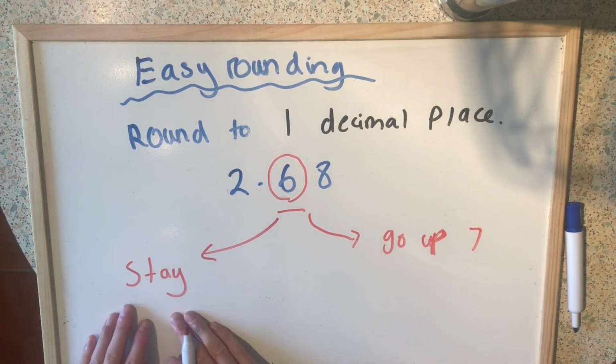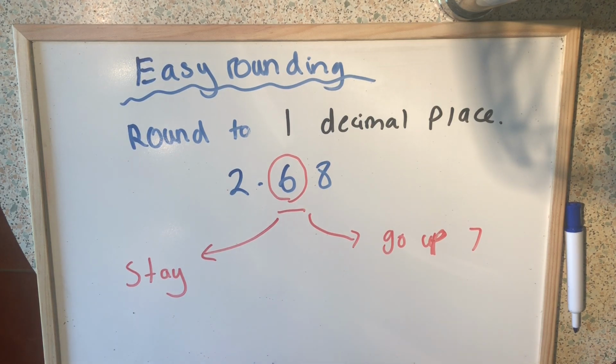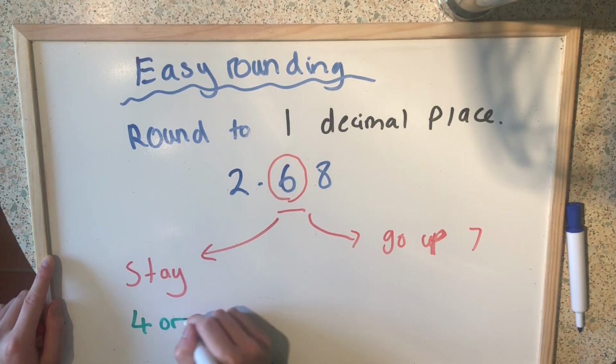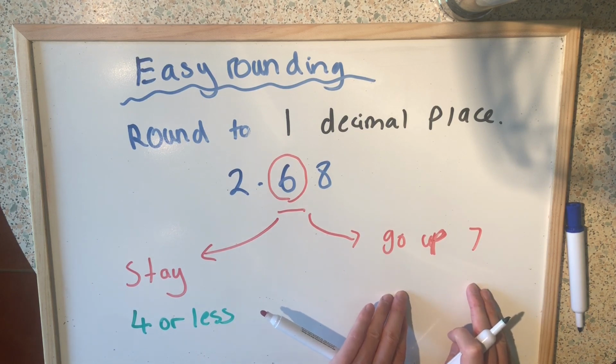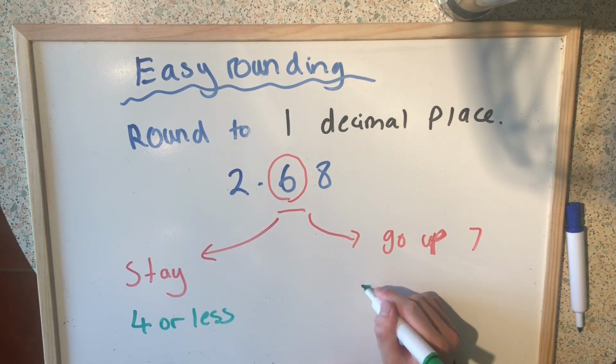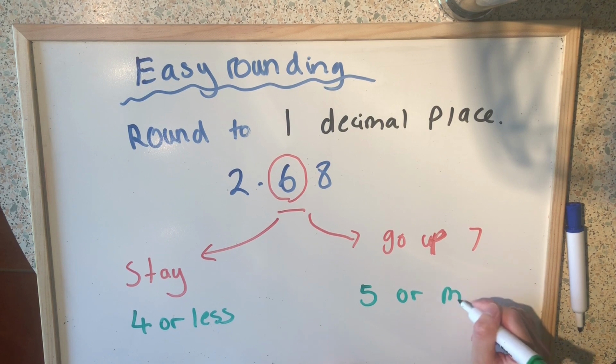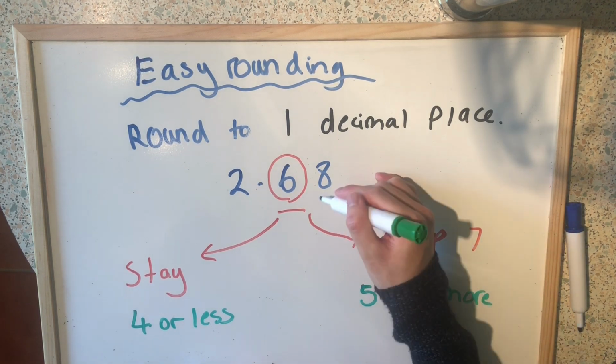The next one up is 7, and it will stay if the number directly after it is 4 or less, and it will go up to 7 if the number directly next to it is 5 or more. So the number directly next to it is this 8.